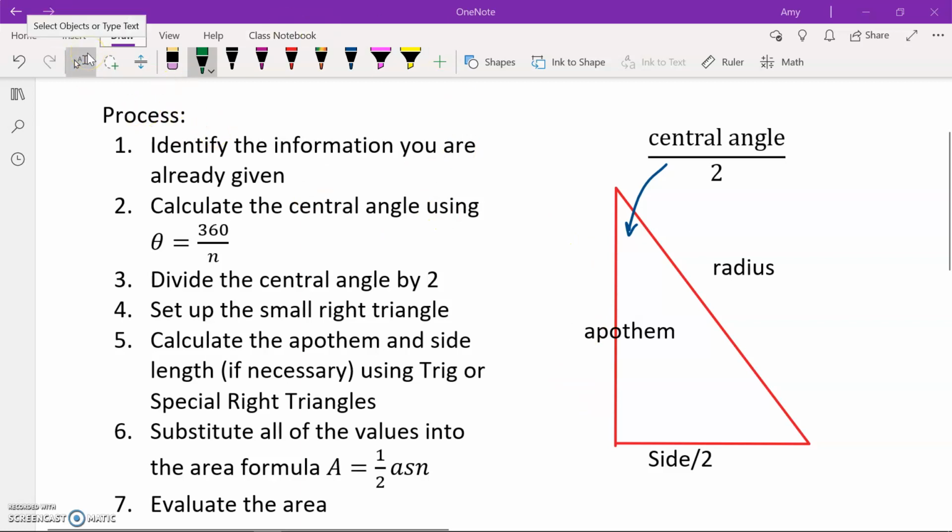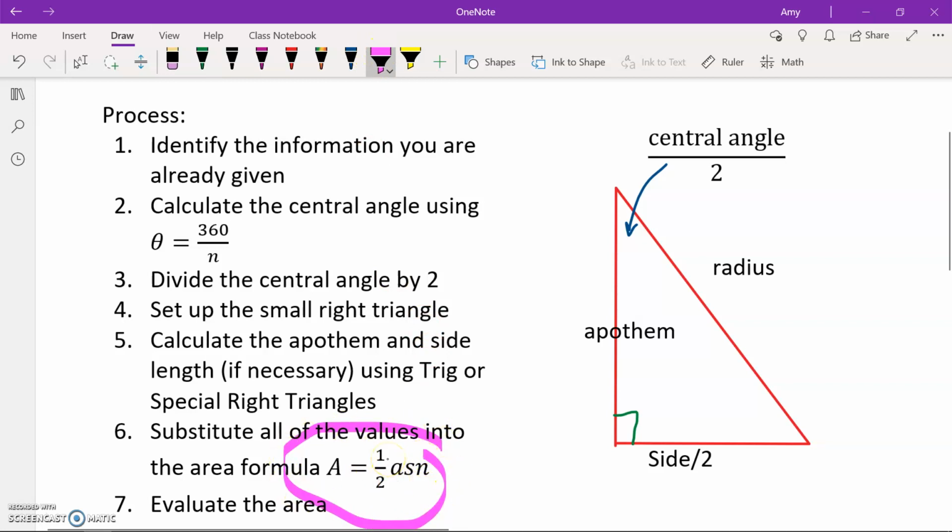So the first thing you can see is I have the process right here that you learned in the video lesson. First off, we always start by identifying what information they give us in the picture. And we often have to calculate that central angle so that we can divide the central angle by 2 and set up this small right triangle. This is the small triangle that lets us calculate the apothem and the side length so that we can calculate the area using the area formula that we have right here.